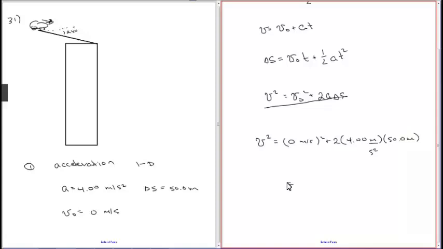The 2, of course, has an infinite number of significant figures. 2 times 4 times 50 is 400 meters squared per second squared. So that's what V squared is. And we take the square root, and the square root of 400 is 20. So we are going 20 meters per second, plus 20 meters per second.